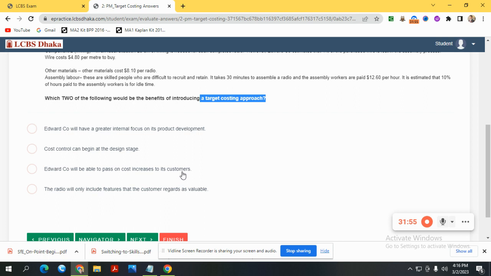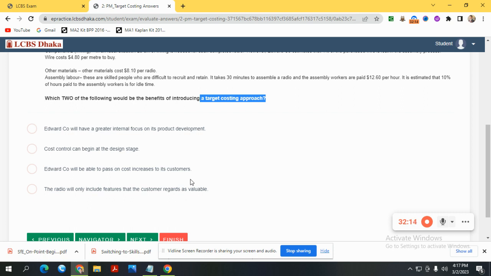Edward Co will be able to pass on cost increases to its customers. Remember, in target costing we cannot touch the sales price, we cannot touch the profit margin, so there is no way to push the cost onto customers, so this is obviously not a right answer. And the radio will only include features that customers regard as valuable.